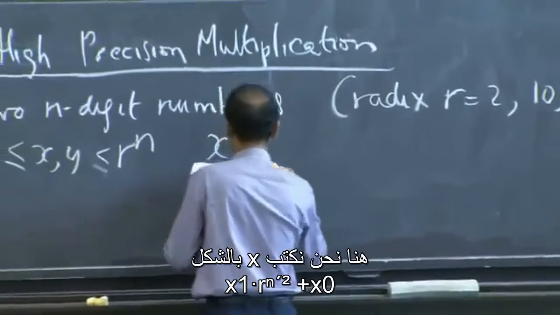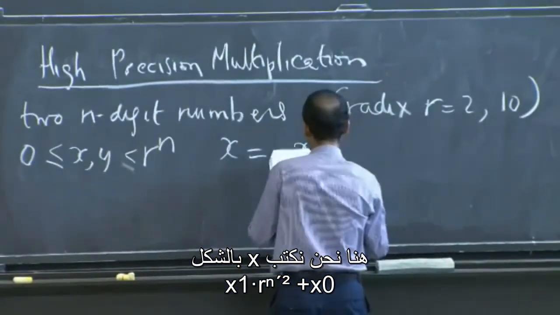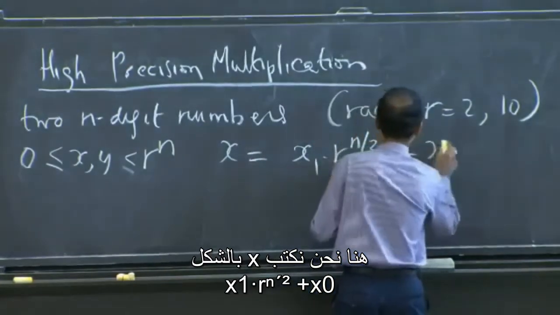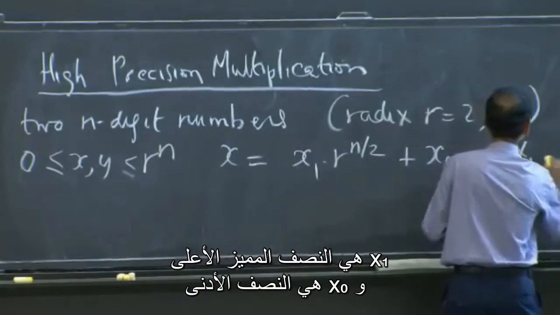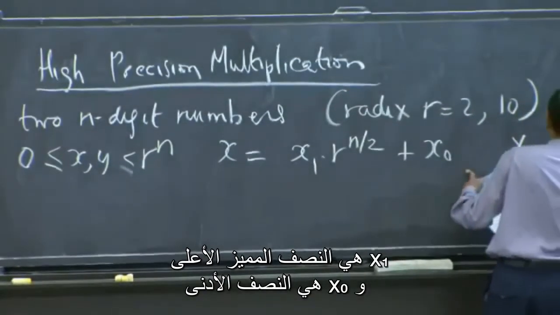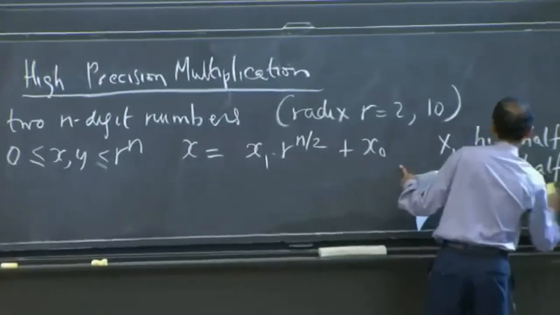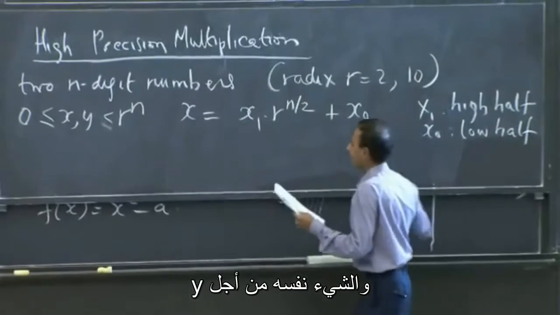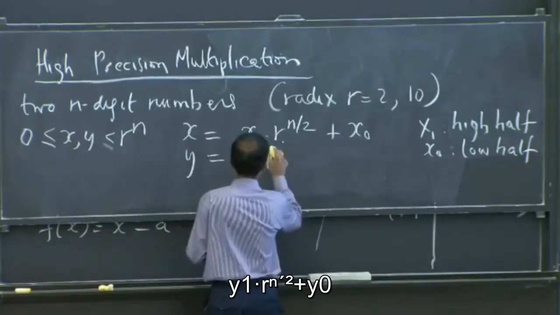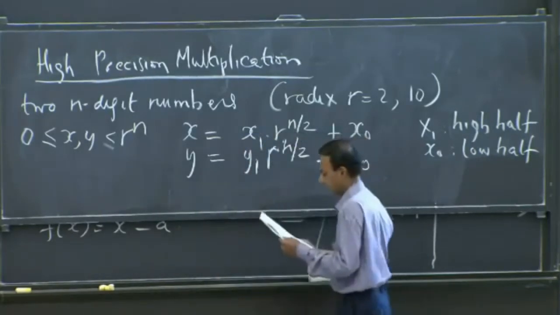So what we have here is you set x to be x1 times r raised to n over 2 plus x0, where x1 is the high, more significant half, and x0 is the low half. And the same thing for y: y1 times r raised to n over 2 plus y0.